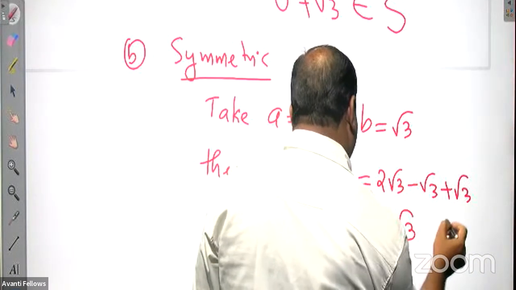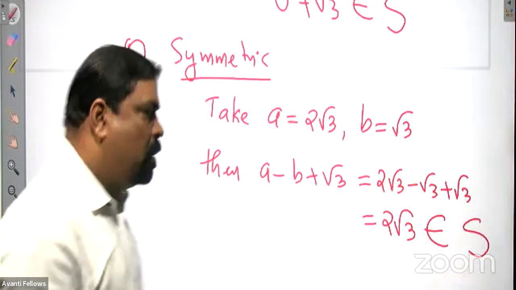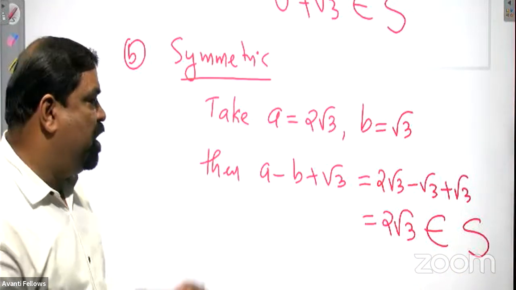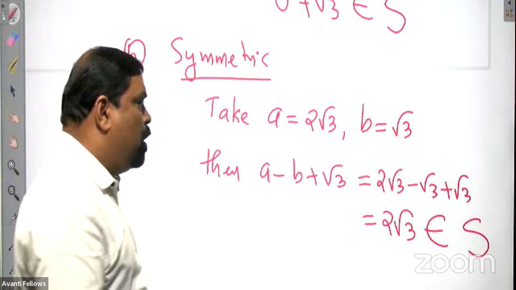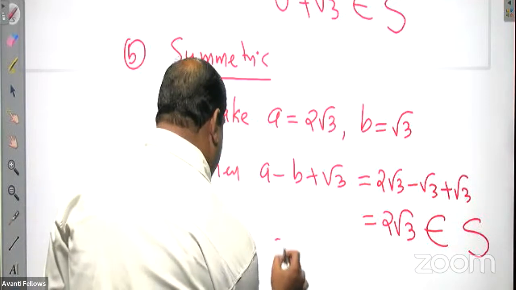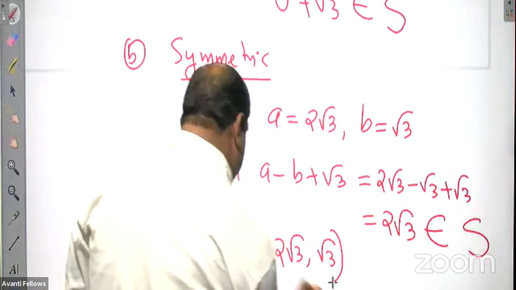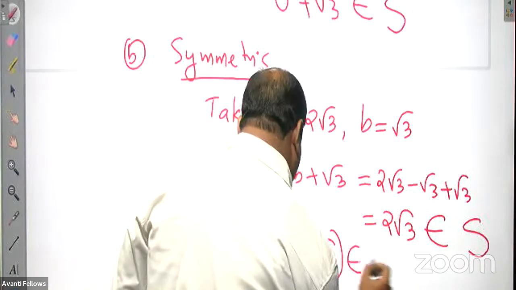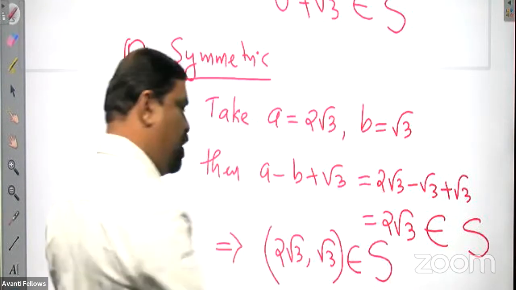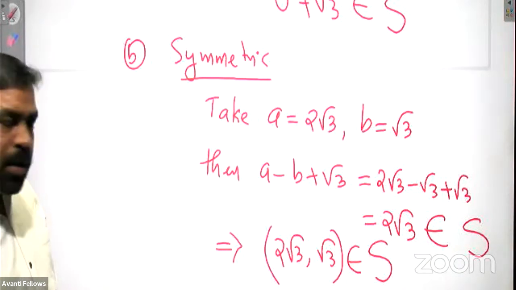Very clearly, 2 root 3 is an irrational number. 2 root 3 belongs to S. So it indicates that A is related to B, which implies that (2 root 3, root 3) belongs to the relation. Correct?